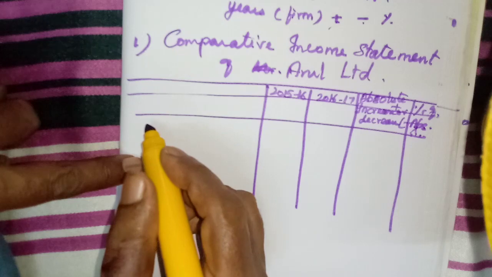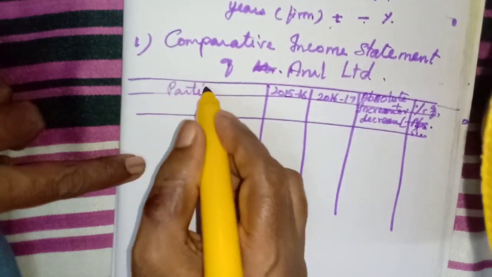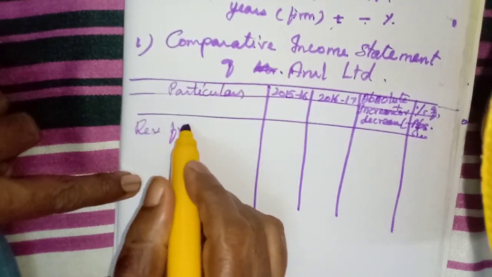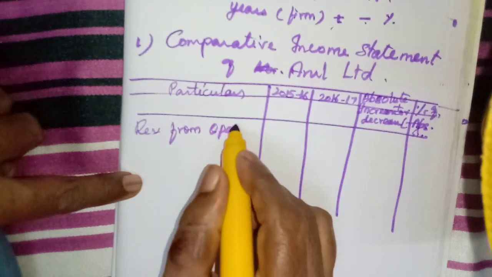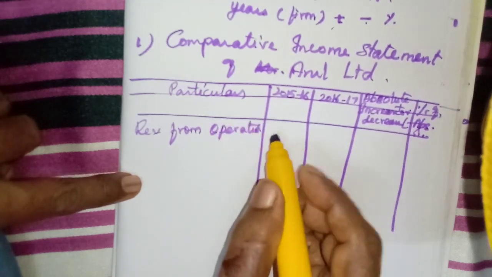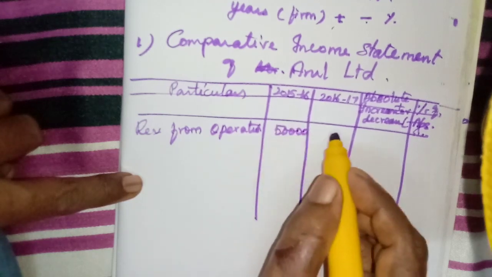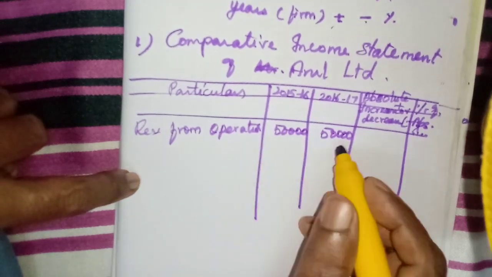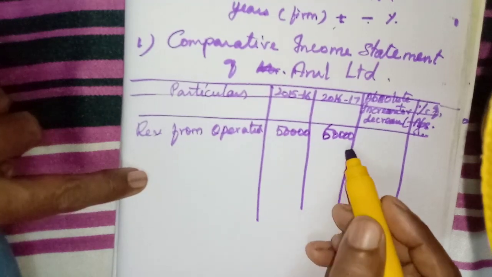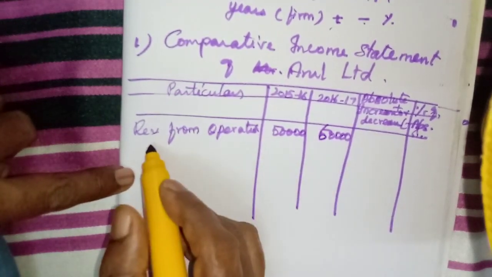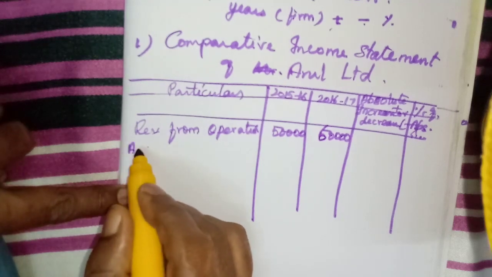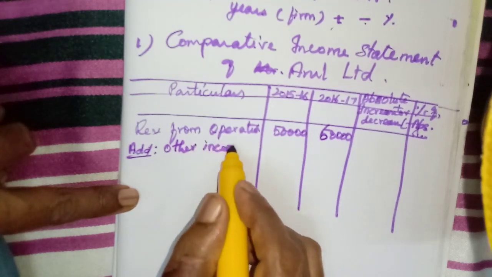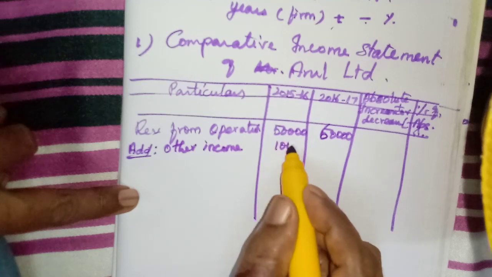So first one, revenue from operation. Write fully. 50,000, then 60,000. Then add other income, 10,000, 30,000.